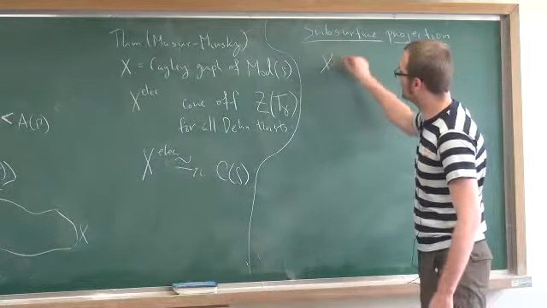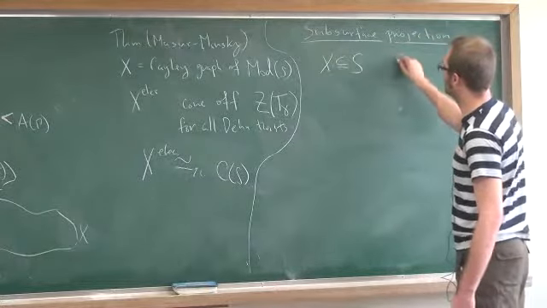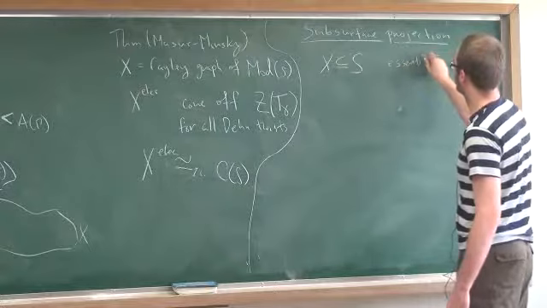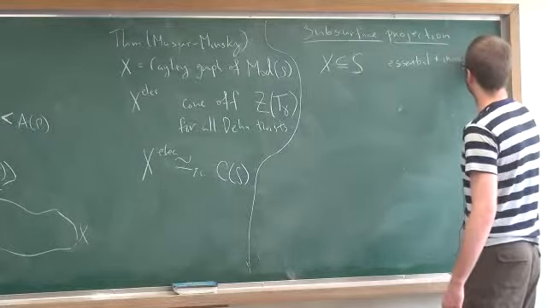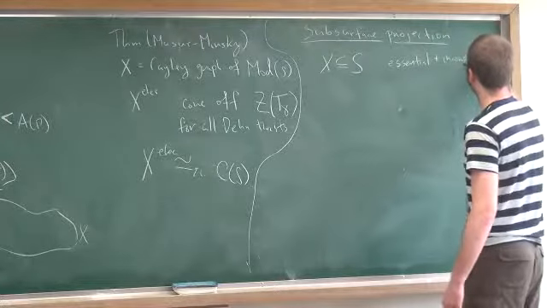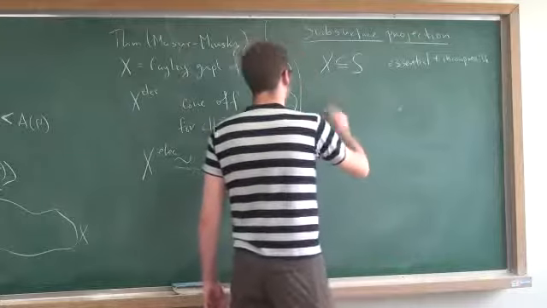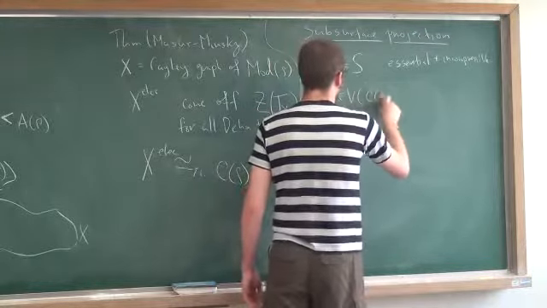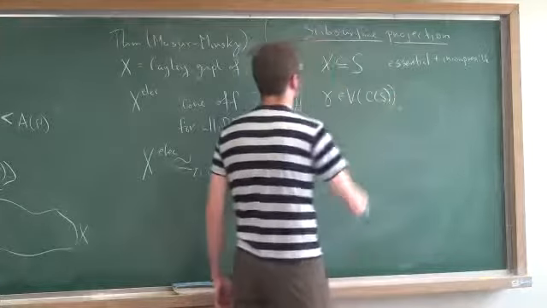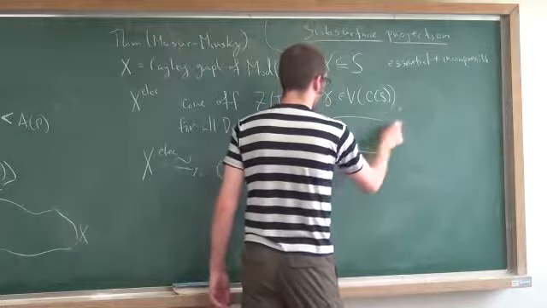So suppose we take a subsurface X. Here, X is going to be essential and incompressible. And let's suppose that gamma is a vertex of the curve graph of S. A schematic picture may be something like this.